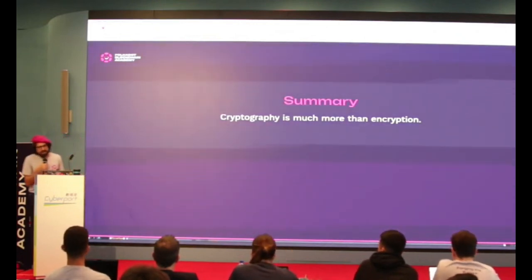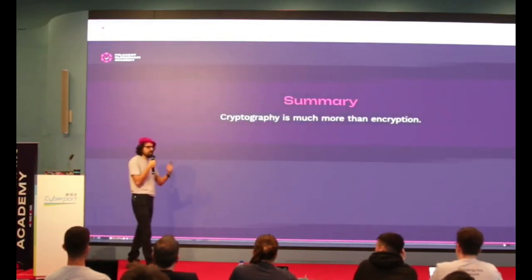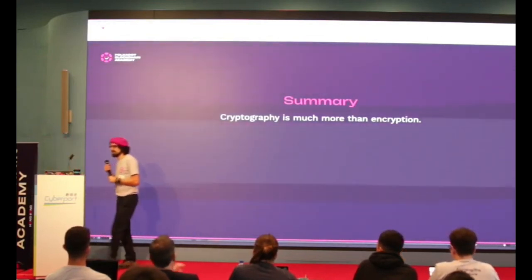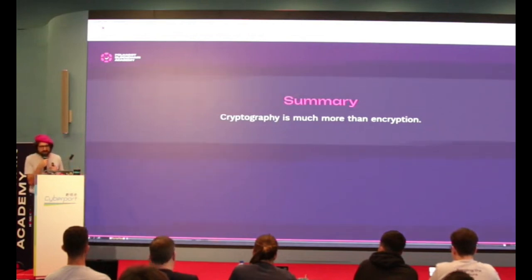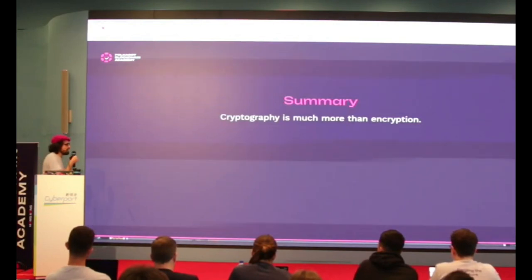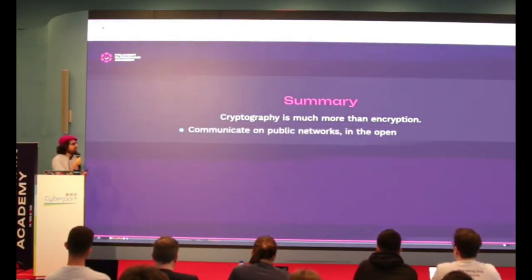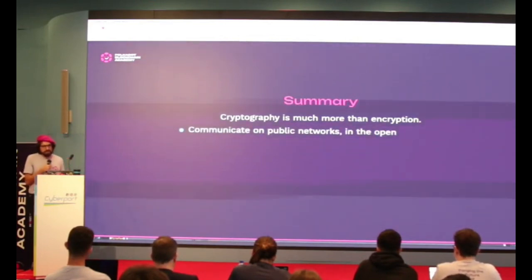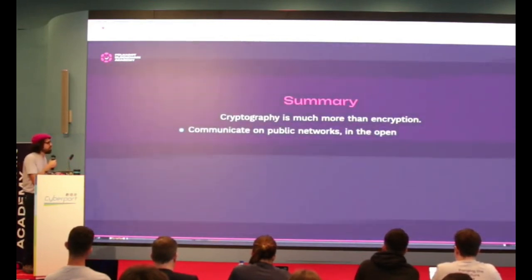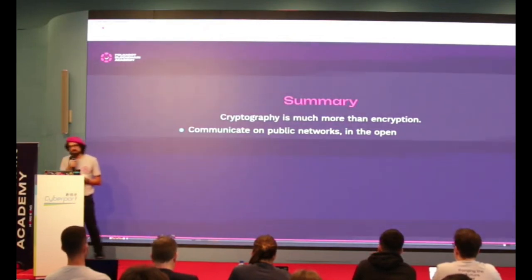Okay, time for summary. What we saw here is that cryptography gives us much more than encryption. Even when you talk to people about cryptography, they only think about confidentiality, but we saw it gives a lot of other properties for us. We talked about our assumption that the networks we work on are public, they are all open, and we work on that assumption.